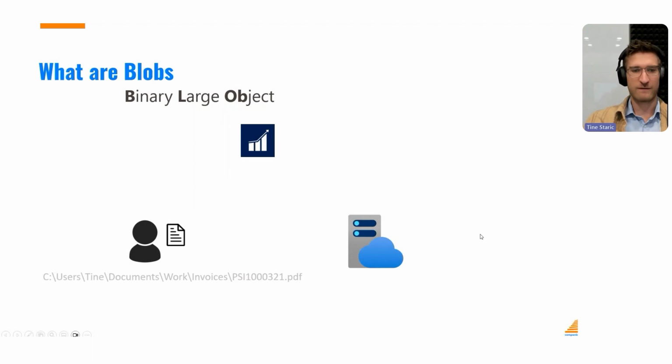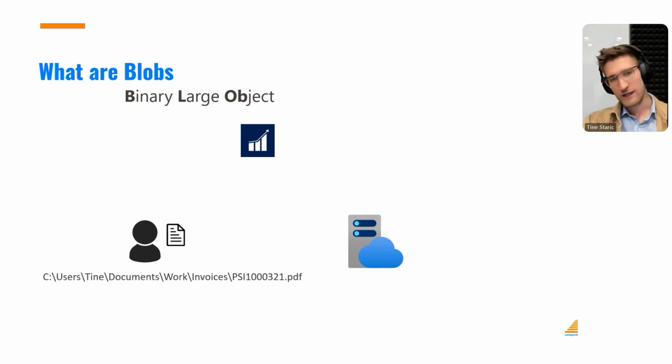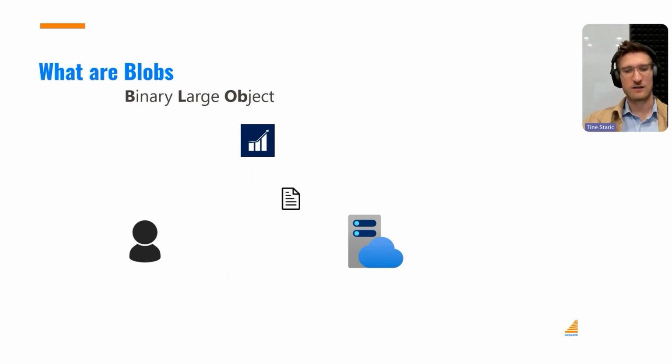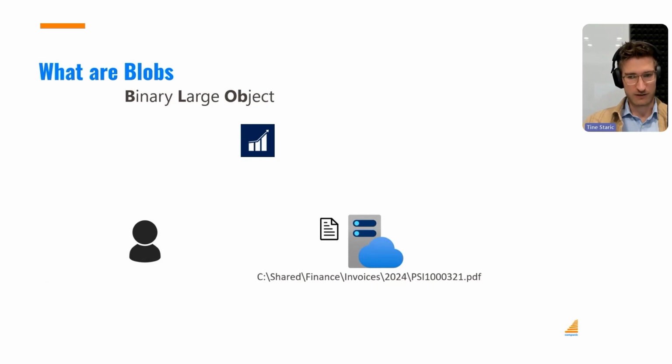So when somebody invoked an action in NAV, the developer had the option to write the code and say, store this into C:/users/tnet/documents/work, whatever. On the other side of things, we could also store files directly onto our servers. So we could do something like store the file to C:/shared/finance/invoices, whatever. So those were the most common ways where we stored files.